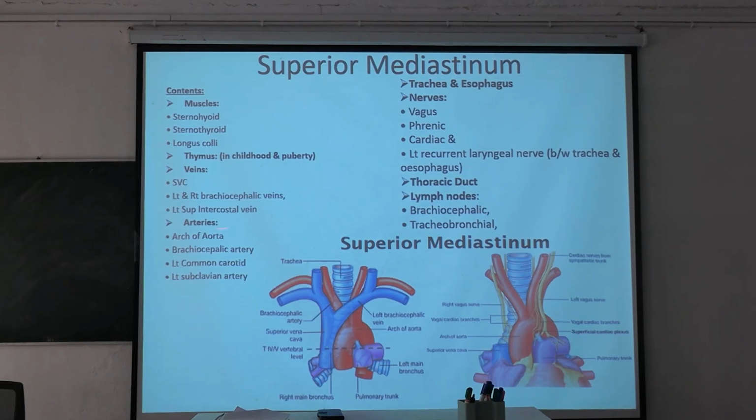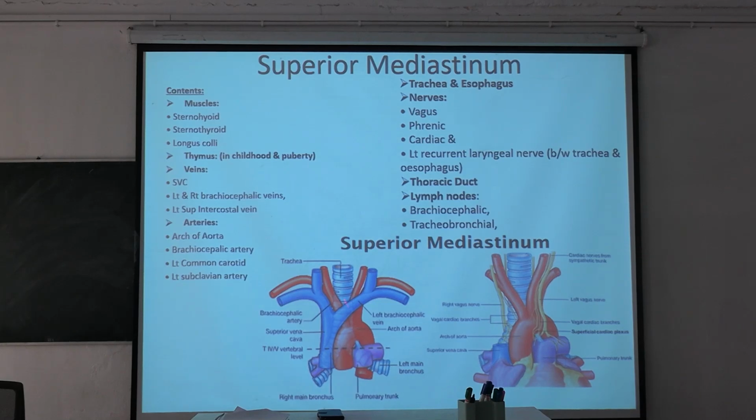Okay. So arteries are the arch of aorta and its three branches: brachiocephalic trunk, left common carotid, left subclavian artery. See here, this is the arch of aorta, the ascending aorta forming the arch, then continuing downward as the descending thoracic aorta. Okay, the arch of aorta begins at the T4 vertebral level and also ends at the T4 vertebral level, beginning anteriorly and ending posteriorly, and its three branches you can see from right to left.